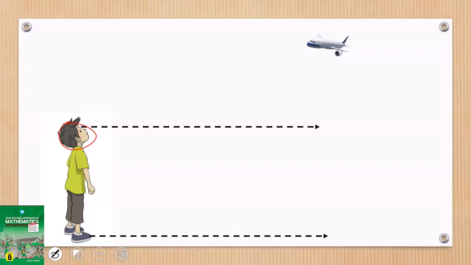Now, because you are looking at an object up, like this boy is trying to look at a plane up there, he has to raise the head or the eye to observe the airplane. There is an angle existing between the normal sight and the elevated eye. That angle is what we refer to as angle of elevation.